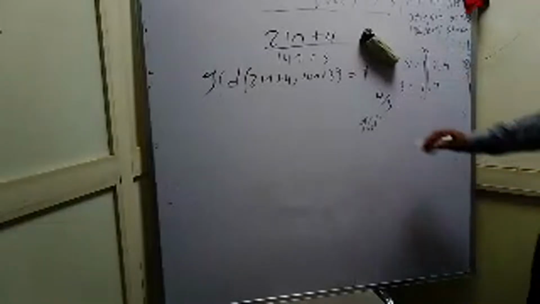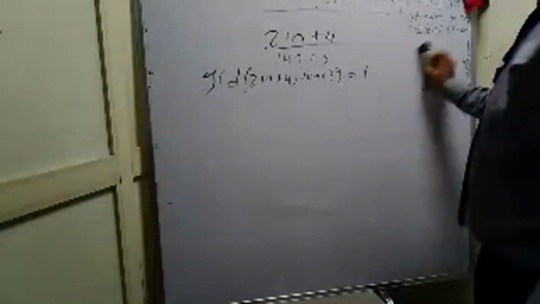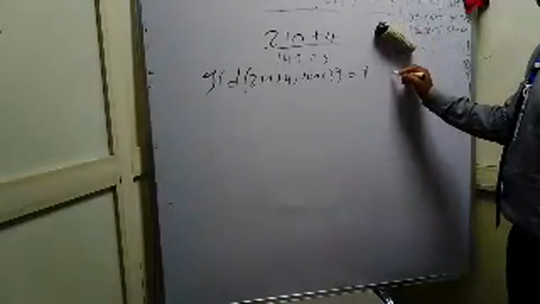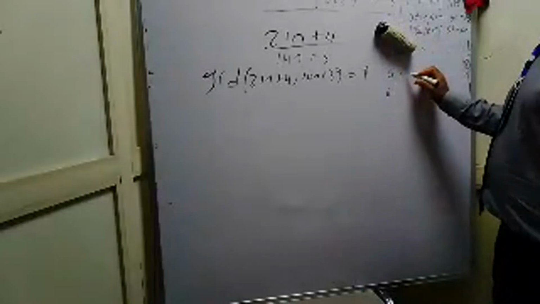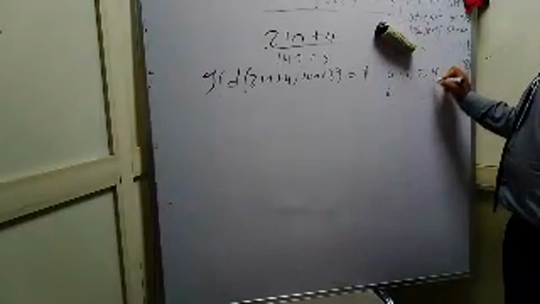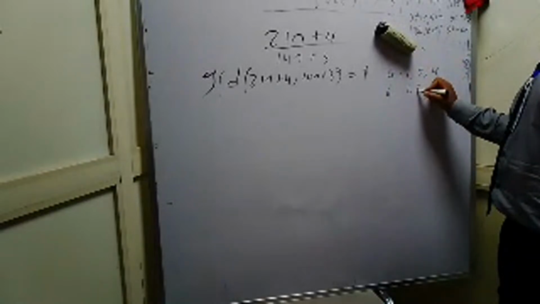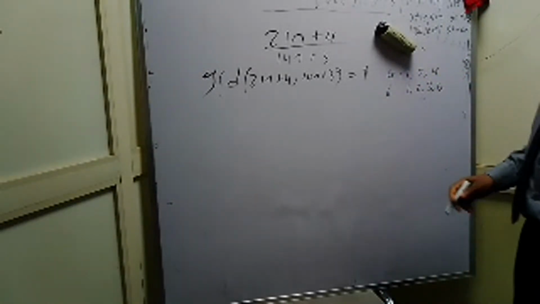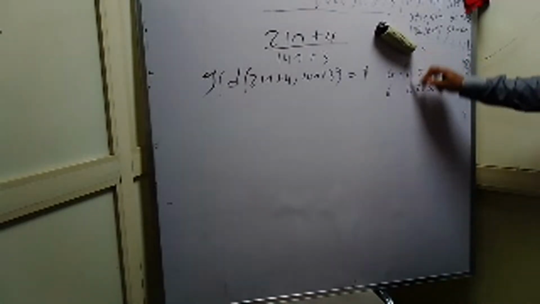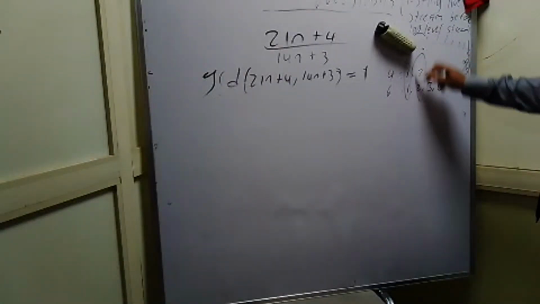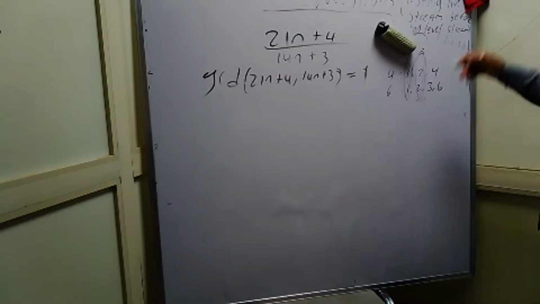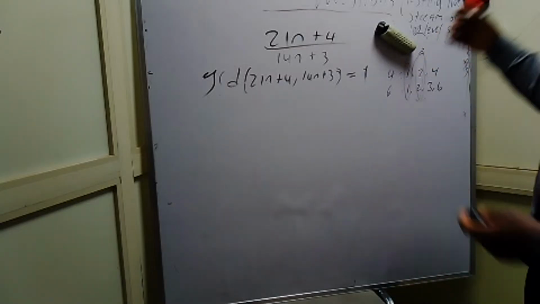But let's change the numbers to 4 and 6. For 4 you have 1, 2, and 4, and for 6 you have 1, 2, 3, and 6. Now 2 is present in both numbers, so 2 is the greatest common divisor of 4 and 6.